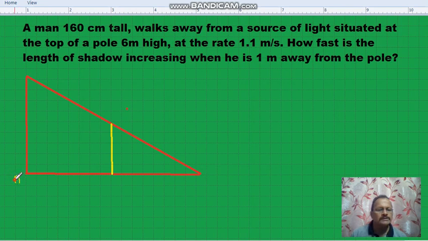Suppose this AB is the lamp post. Height of the lamp post is given to us 6 meter. Suppose MN is the man at instant t. Height of the man is 160 centimeter, that means 1.6 meter.